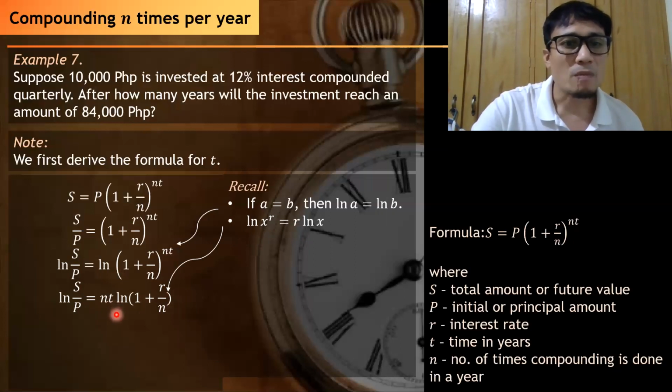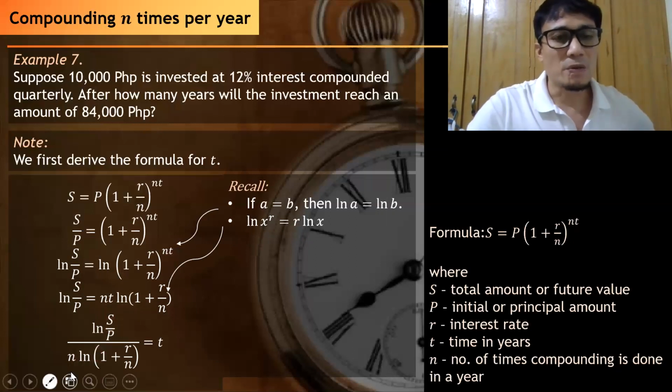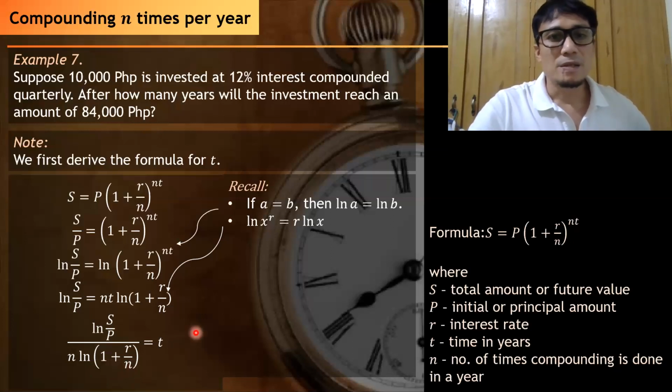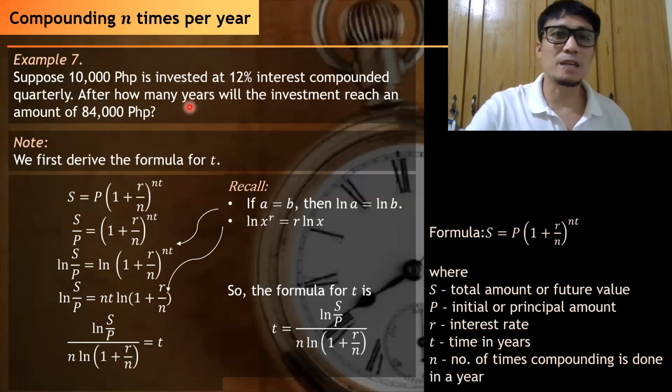After that, we divide both sides by ln of (1 plus R over N), and N also. So t will be isolated, and we have t equals ln of S over P, over N times ln of (1 plus R over N). So we have the formula for t. For this particular problem, we can solve this by using this formula.